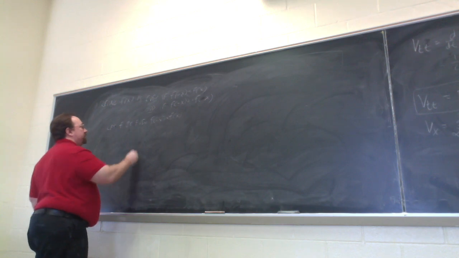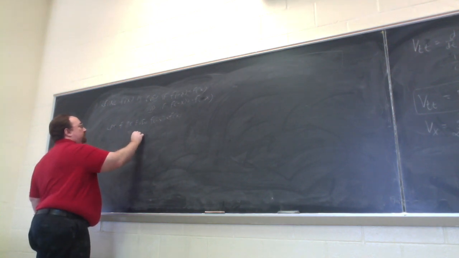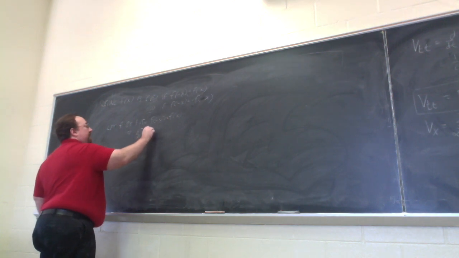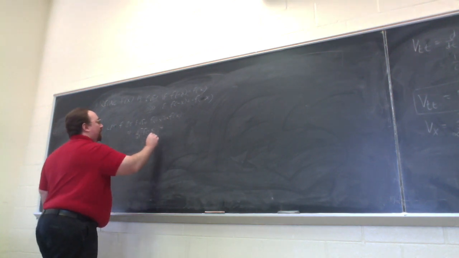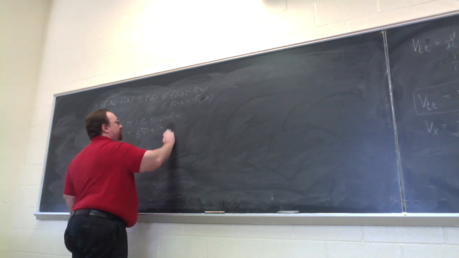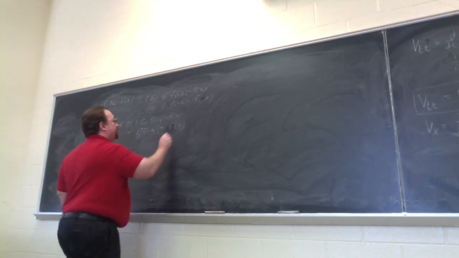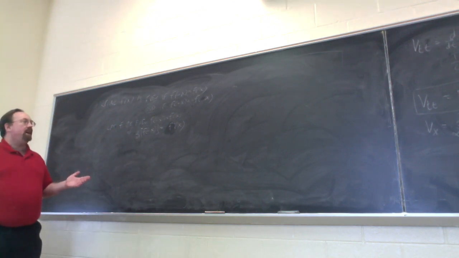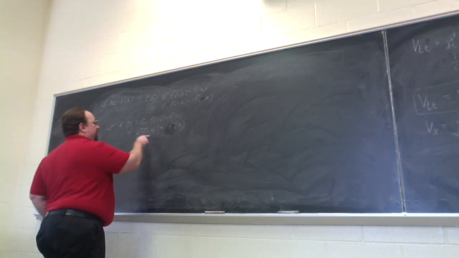So if you differentiate both sides, the derivative with respect to x of f of minus x is equal to f prime of x, because I'm just differentiating both sides. But what happens when I differentiate the left side?